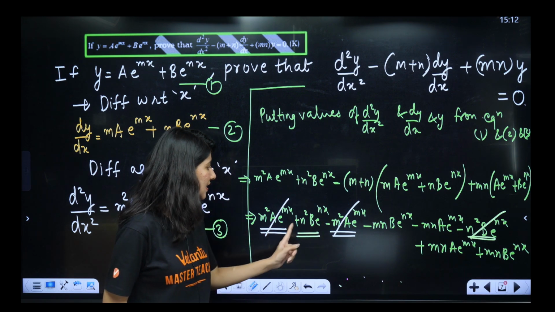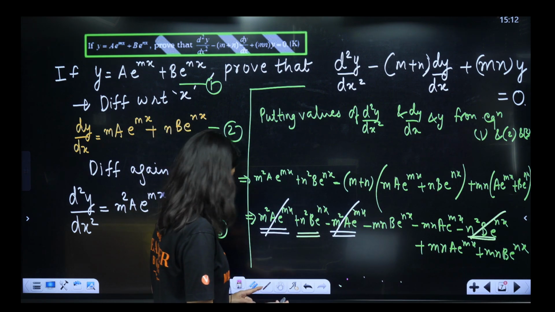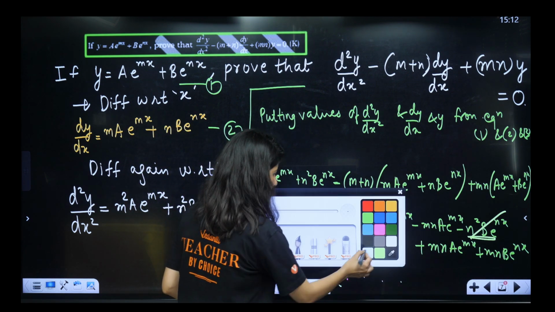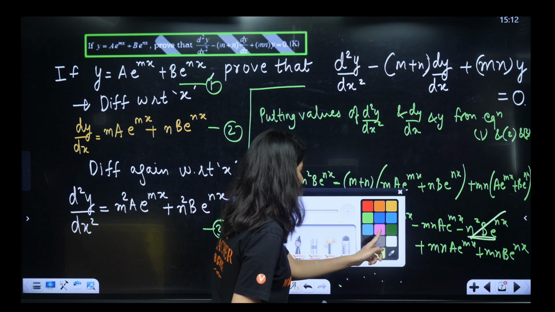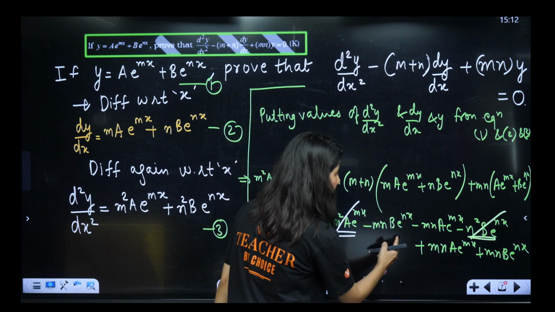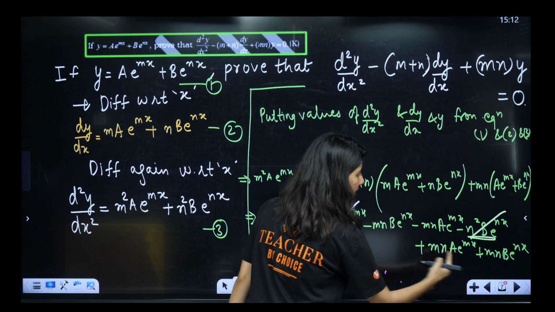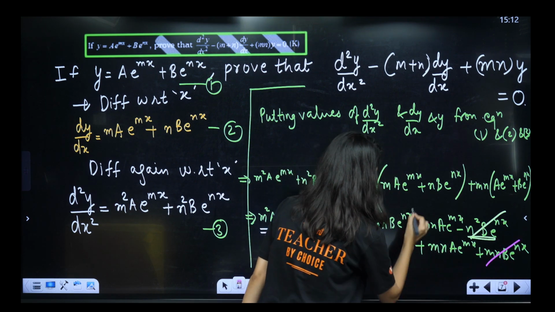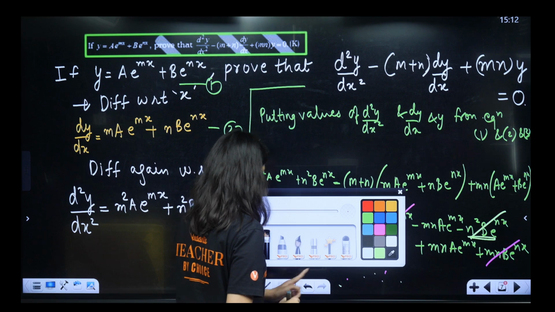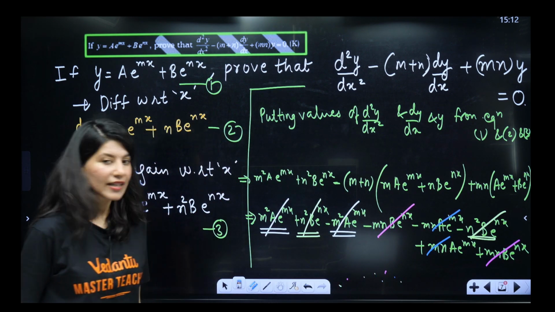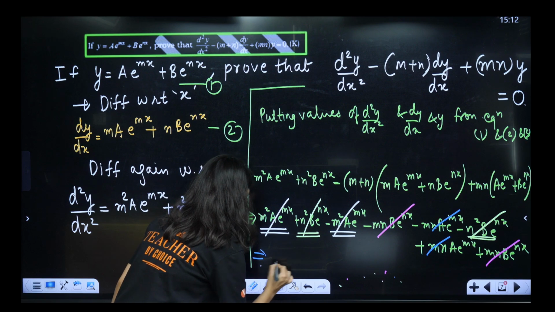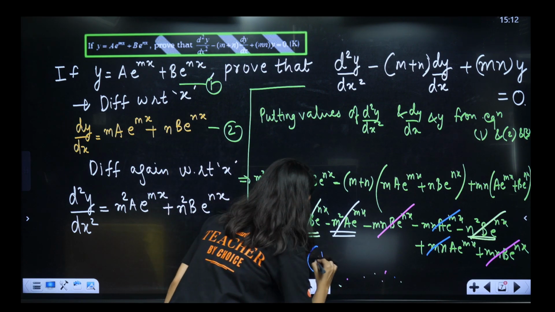White cancel, green cancel, right? Okay, I forgot to cancel this. These two, you will also understand when you see the notes. Now mnb minus mnb, these two also get cancelled, and finally, these two are also cancelled out. Can you see? 0. Hence proved.